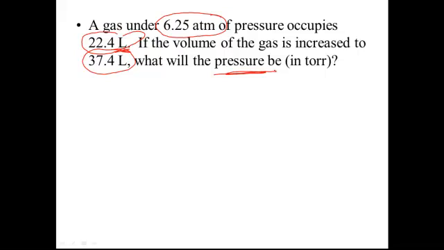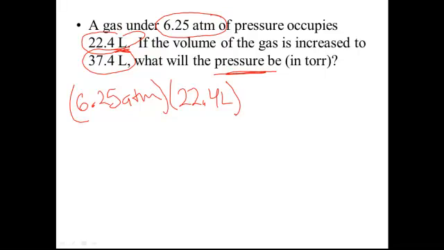So our initial pressure is 6.25. So that's our P1. We're going to times it by our V1, 22.4 liters, is equal to our P2, which is our unknown, times V2, which is 37.4 liters.